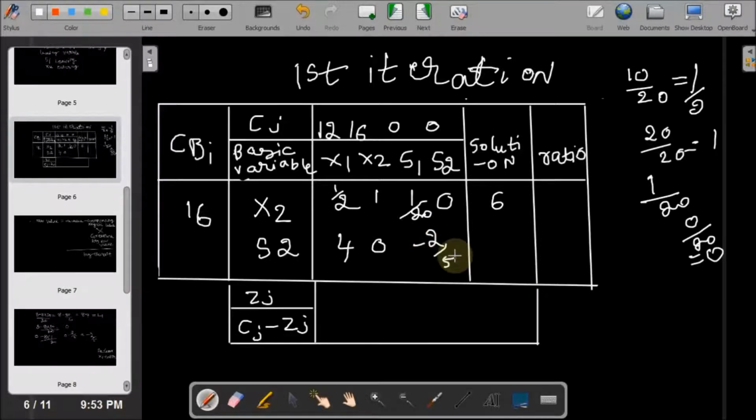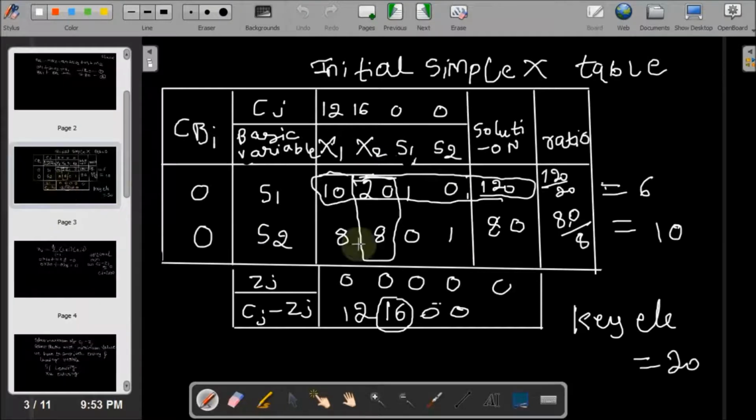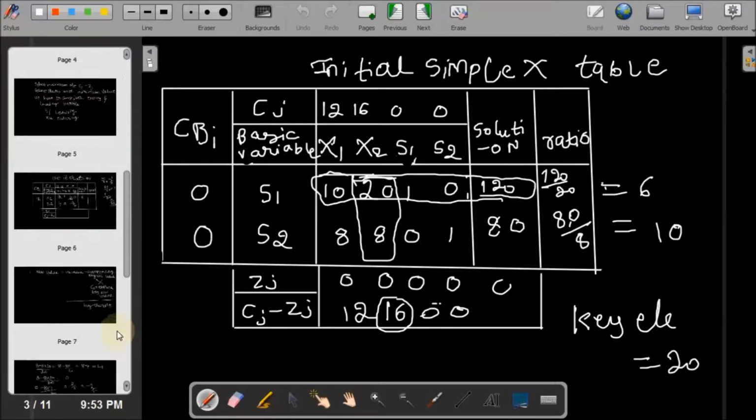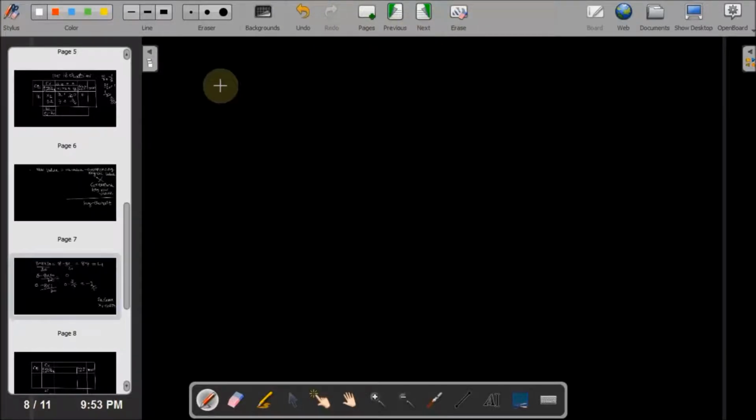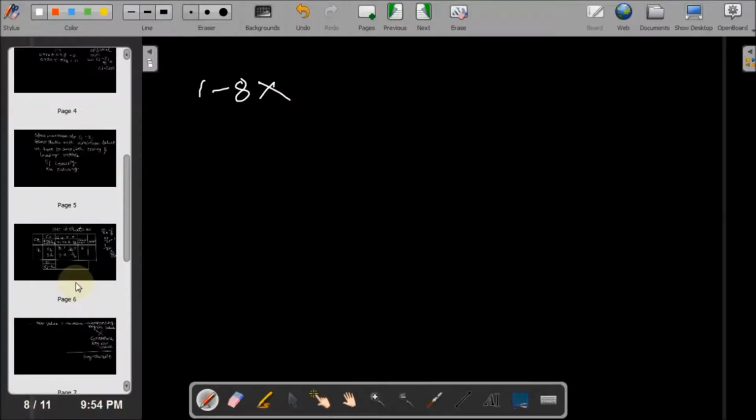Now, what is the next value? What is the old one? 1. Old value is 1. But the corresponding column element remains the same, 8. So I will erase this. 1 minus 8 into, what is the row value?